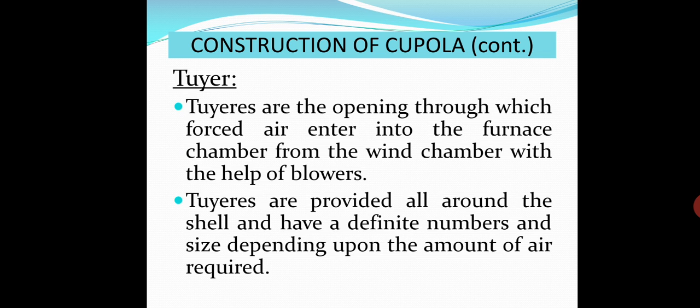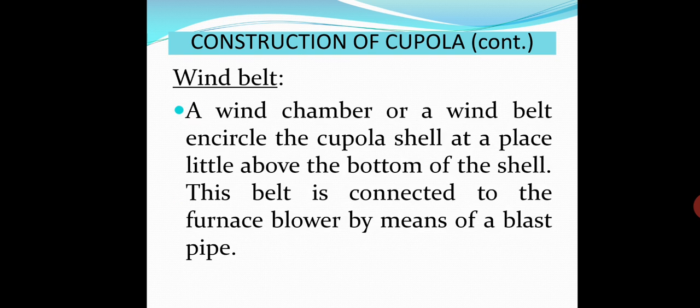Tuyers are provided all around the shell and have a definite number and size depending upon the amount of air required. We know for combustion we need fuel and air. So air is the most important element.